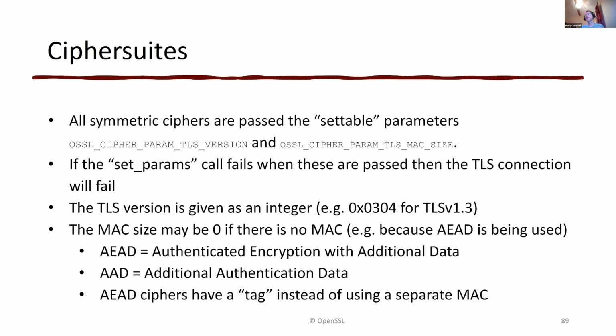The data to be fed into the MAC will come from the data that you're encrypting, or you can also feed in additional data, which is the AAD, the additional authentication data. And these ciphers produce the ciphertext, but they also produce a tag, which is then used during decryption to verify that the data hasn't been tampered with. So AEAD ciphers have a tag instead of having a separate MAC. This is why the MAC size will be 0, because the tag is sort of built into the cipher.